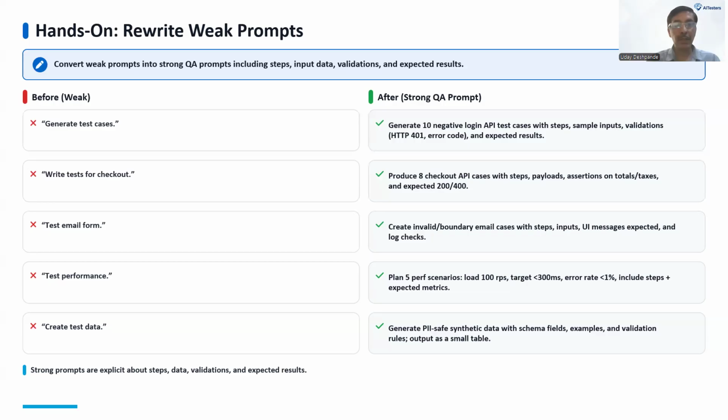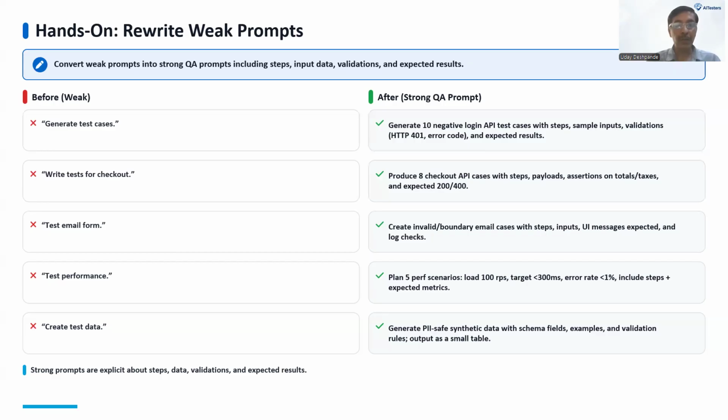Third, "test email form" becomes "create invalid and boundary email cases with steps, inputs, UI messages expected, and log checks." Notice that the format of what is expected is named: UI messages and log checks, so that the model knows where to look for validation.